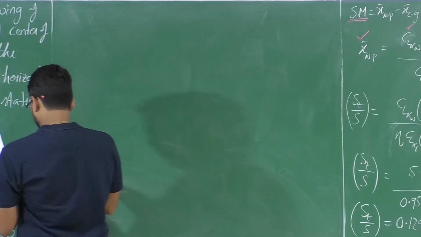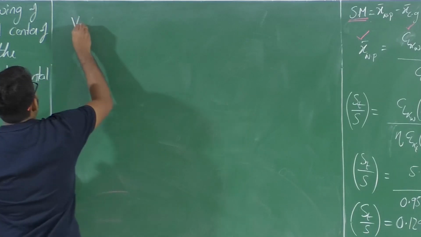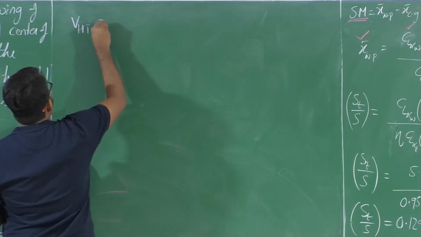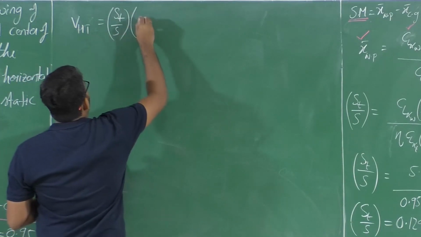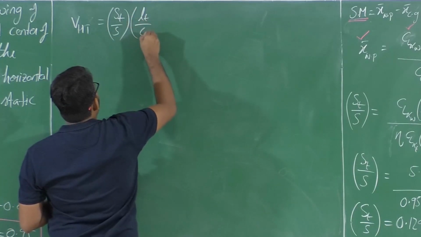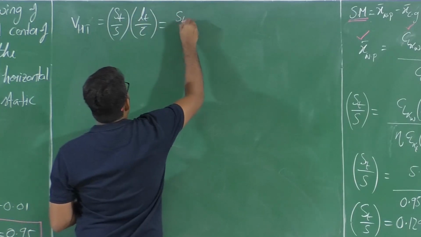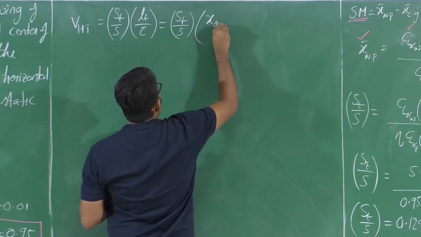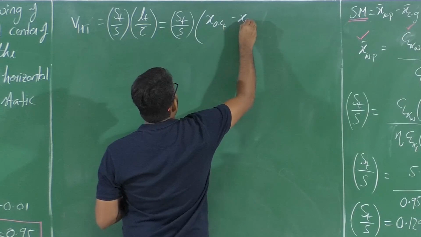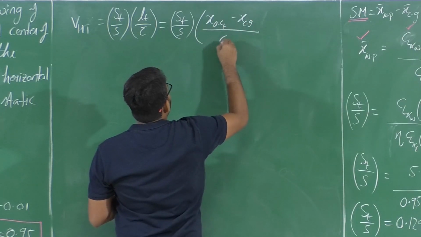So the tail volume ratio VH, V of horizontal tail, is St upon S times LT upon C bar. This is nothing but St upon S times what is LT? X bar AC of tail minus X bar CG upon C bar.